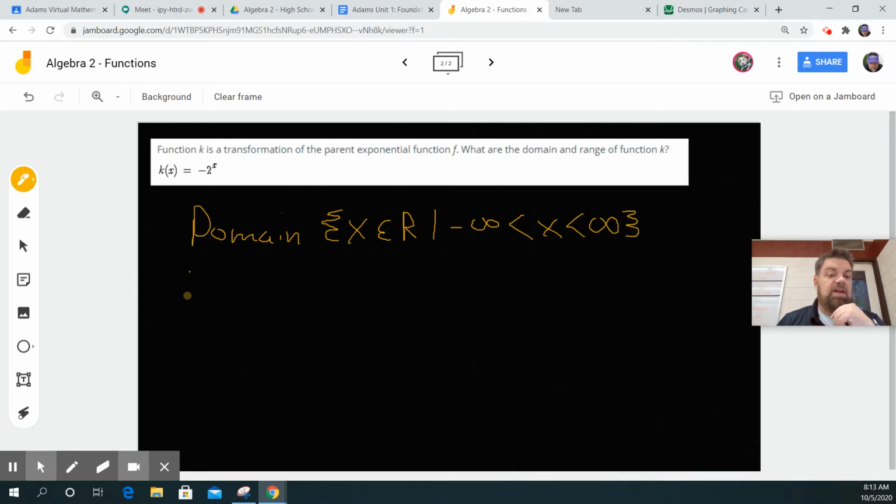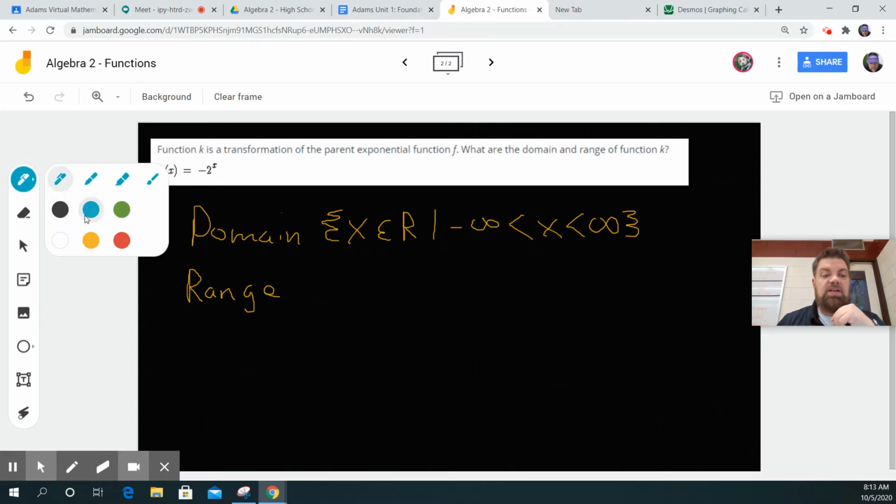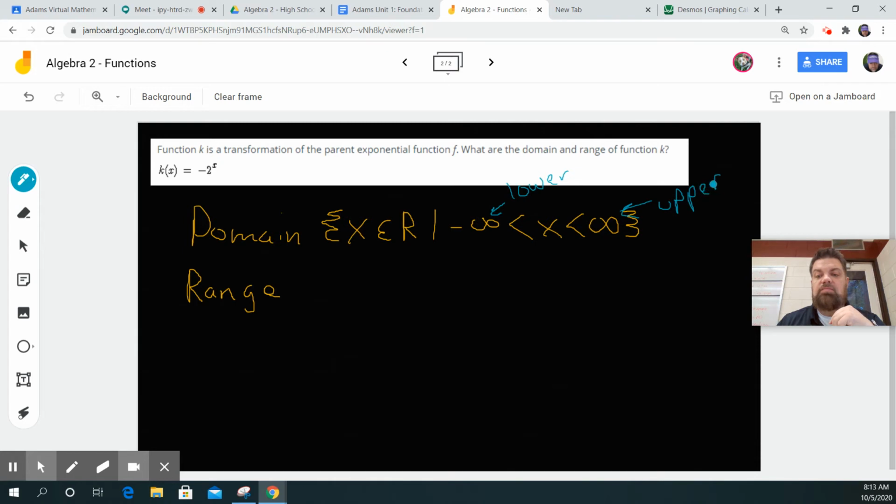Okay. Now we got to look at the range. Now the range is the possible values. One thing I want to point out though is that in this notation, this is like a lower boundary, my lowest possible x value, and this is like an upper boundary, that's what we call it, which is the highest possible value.